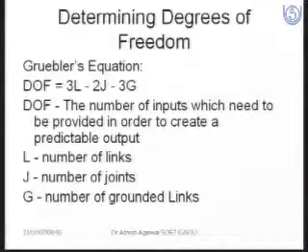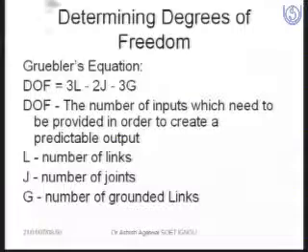It may be able to move in one direction, in two directions, or in three directions. So if it is able to move in one direction, the degree of freedom is 1. If it is able to move in two directions, we can say that it has two degrees of freedom.